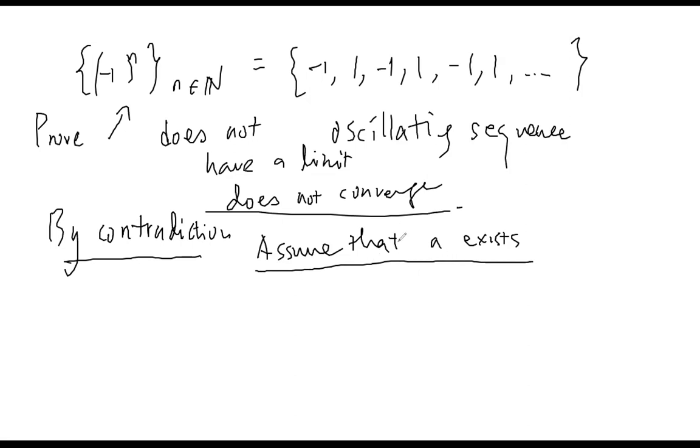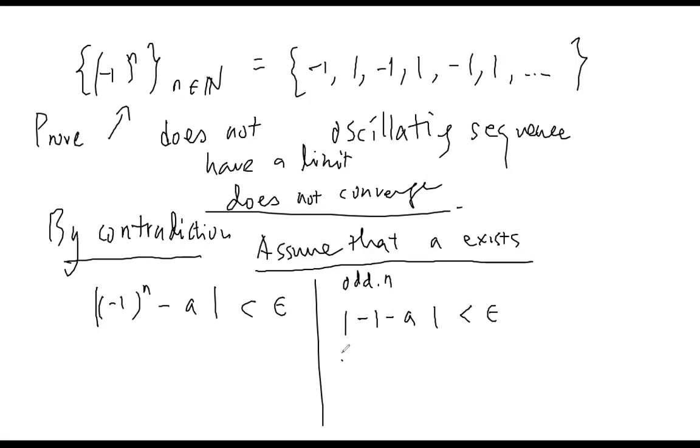So if A exists, then what will happen? Then you will have this, and you have to work with this inequality. Now consider two cases, because your n can be odd or even. When n is odd, you will have |-1 - A| less than epsilon. When n is even, you will have |1 - A| less than epsilon.